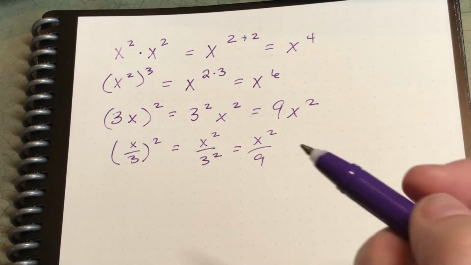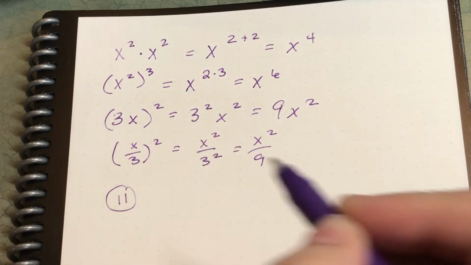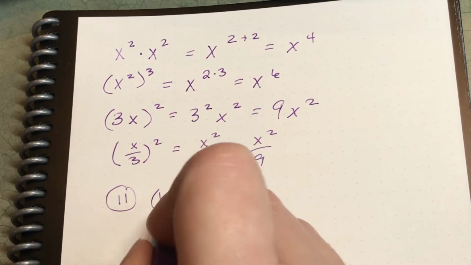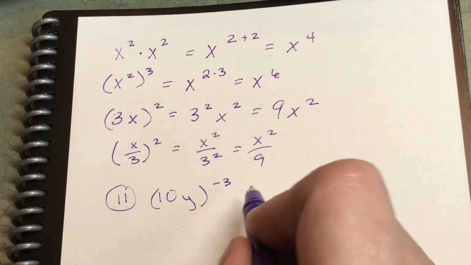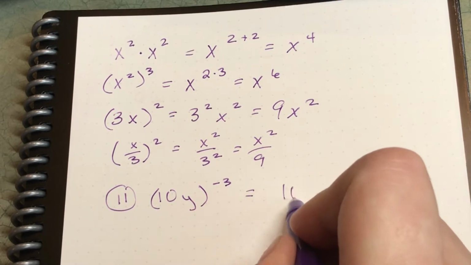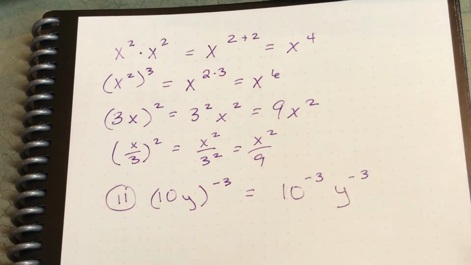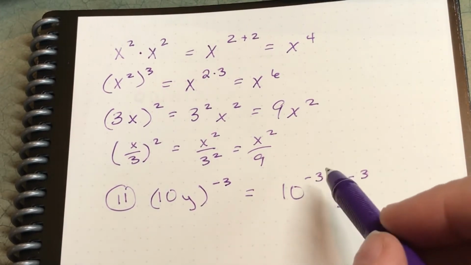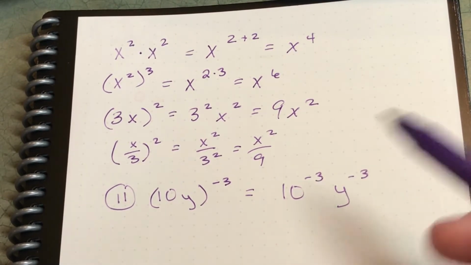So looking at the problems, if we take number 11, we have 10y to the negative third power. Well, that is 10 to the negative third and y to the negative third. When we raise something to a negative power, instead of multiplying, we're dividing. We're doing the opposite.